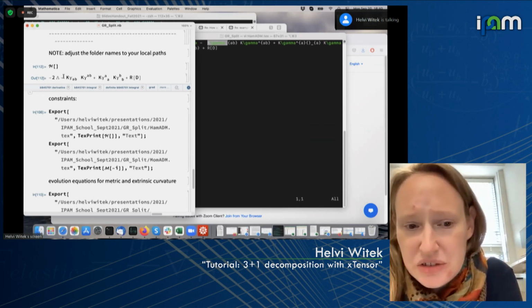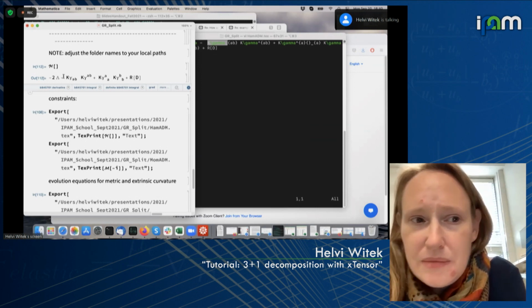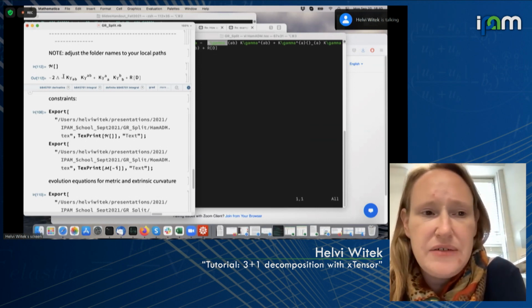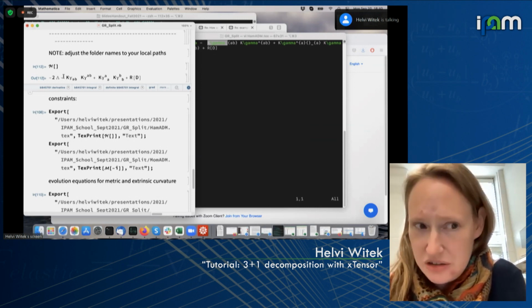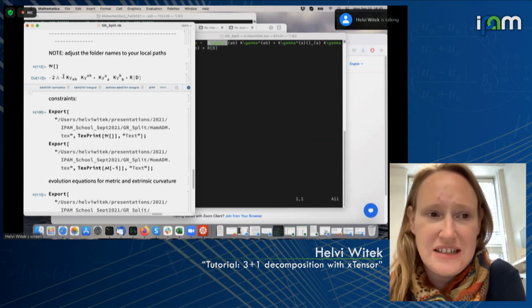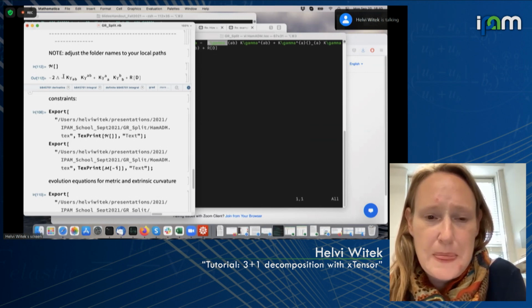So I find this quite useful. But each equation is one TeX file. So this one that I'm showing you here is the Hamiltonian constraint, essentially exactly this expression that I have here on the left, printed out as TeX format. So here in this export, this is the very first printout in a TeX format.